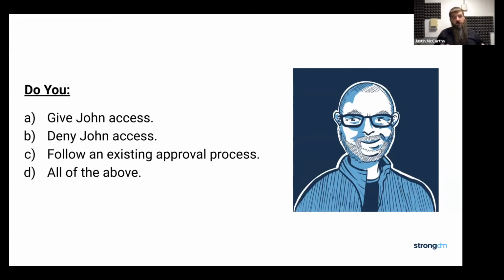So being explicit and deliberate about your access control, and being really intentional and thorough with your discovery of access, is exactly what we're going to talk about throughout this talk. That's going to give you, hopefully, the basis for a rational answer to whether we're going to ultimately give John access or deny access.